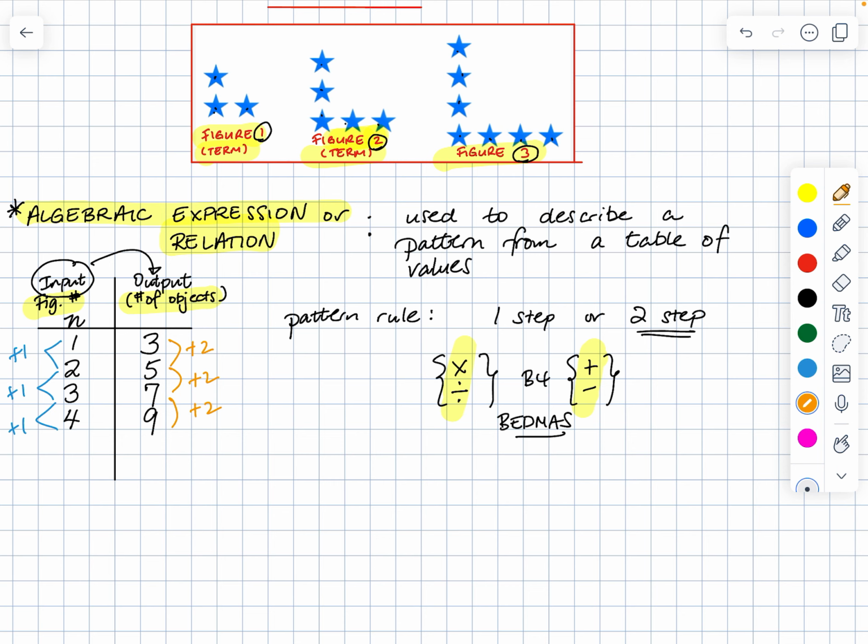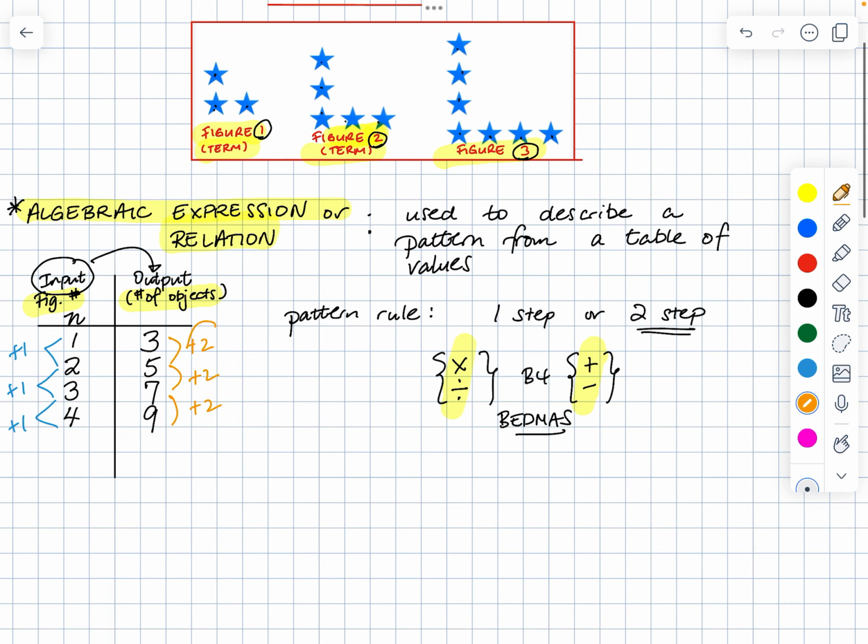Now, the next step here is we're going to take this, and oftentimes whatever the significant number is that it increases by, you're probably going to use that and turn that into the coefficient in the algebraic expression or relation, okay? So now I'm going to take this and go, okay, this is probably the number that I'm multiplying by.